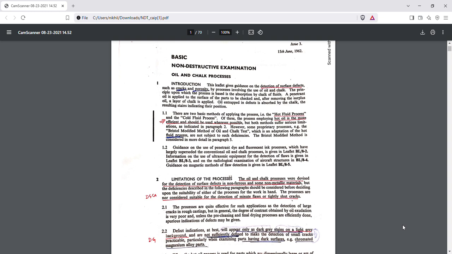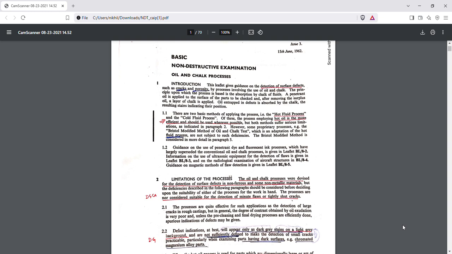Penetrating oil is applied to the surface of the parts to be checked, and after removing the surplus oil, a layer of chalk is applied. Oil entrapped in defects is absorbed by the chalk, the resulting stain indicating their positions.